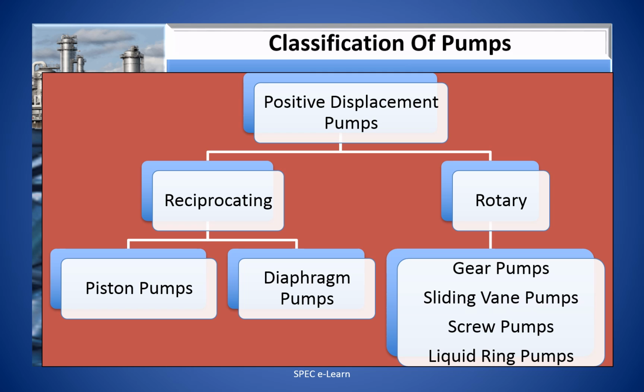The two main types are reciprocating and rotary. Under reciprocating, you have piston pumps or plunger pumps and diaphragm pumps. Rotary pumps are divided into gear pumps, sliding vane pumps, screw pumps and liquid ring pumps.